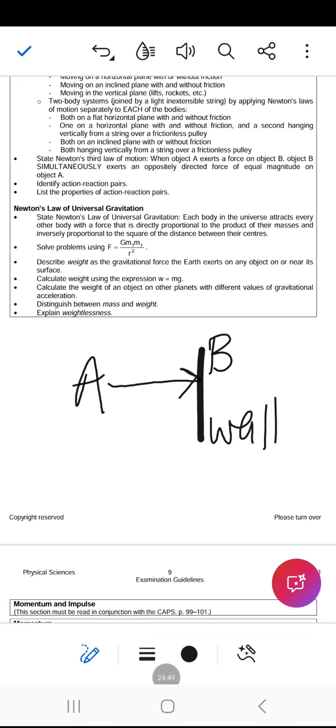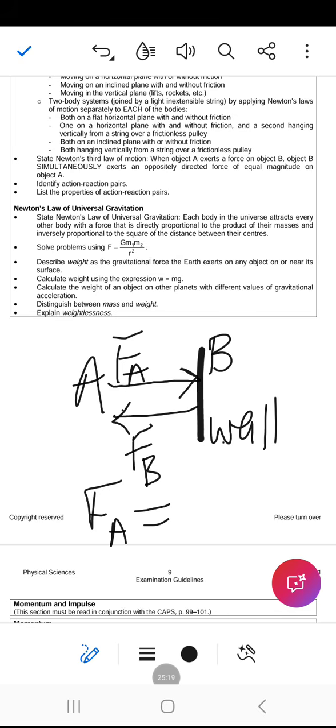So this wall will also exert the same magnitude of force. Let's say it's force A here, and here it's force B. It will exert an oppositely directed force of equal magnitude on object A, but in a different direction. So at the end, the force of A will be equal to the force of B, but in a different direction.